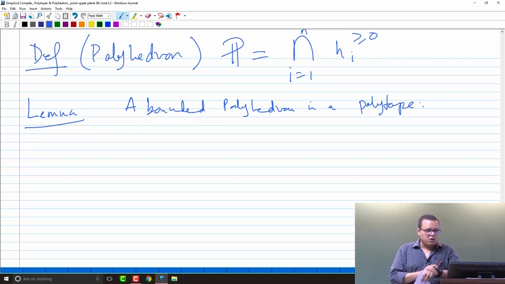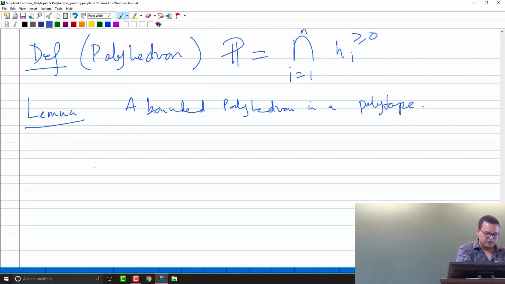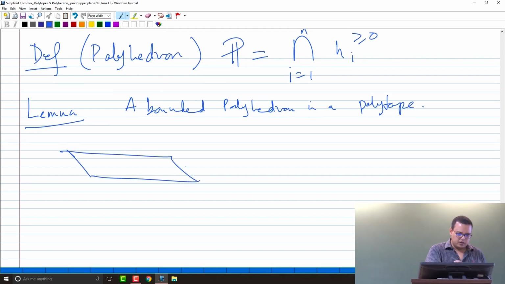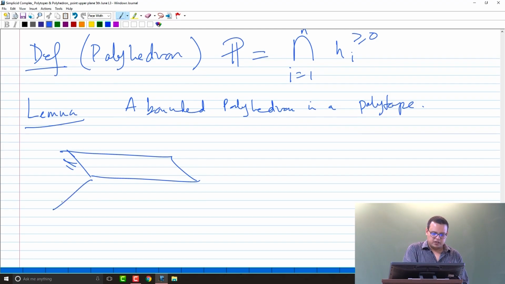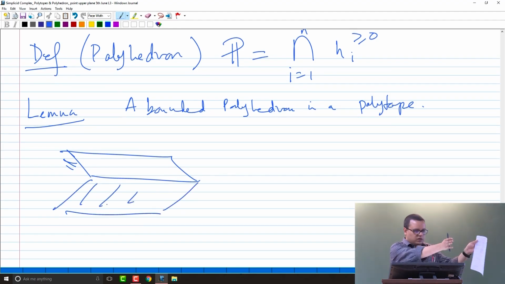But a polyhedron's faces can be infinite. Exactly the example I was saying: a half plane that goes in this direction, intersected with another half plane that goes in this direction. It will be like a cone kind of structure, and the hinge, this supporting line, is a face.